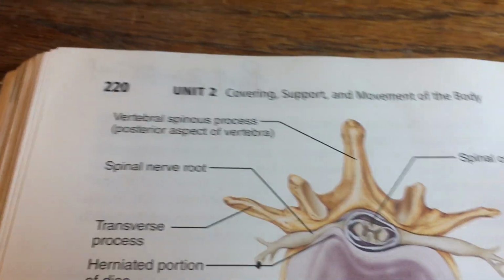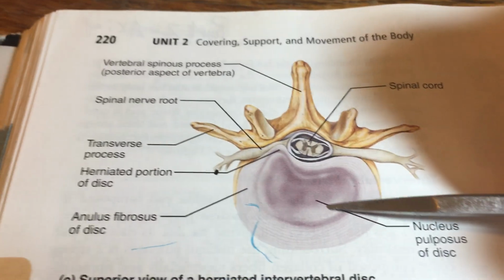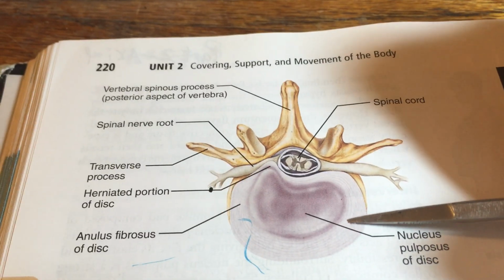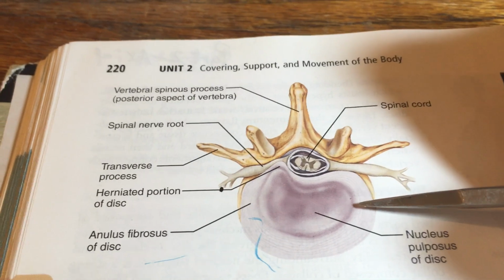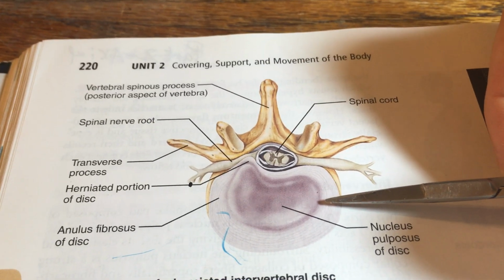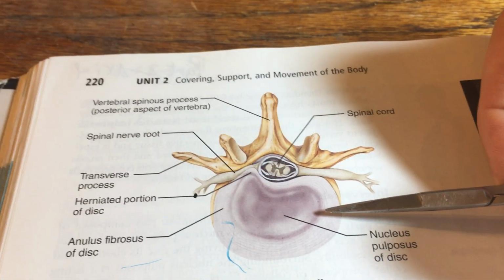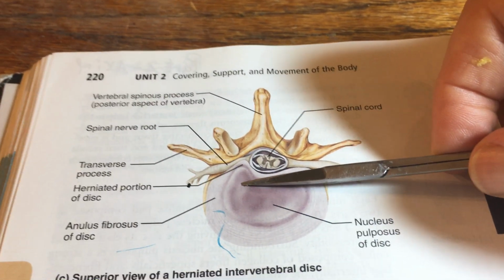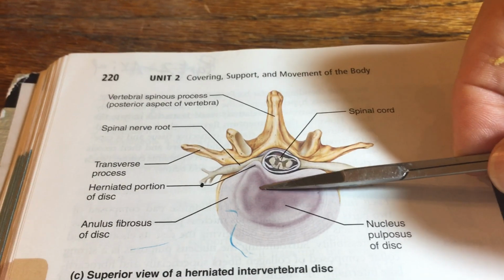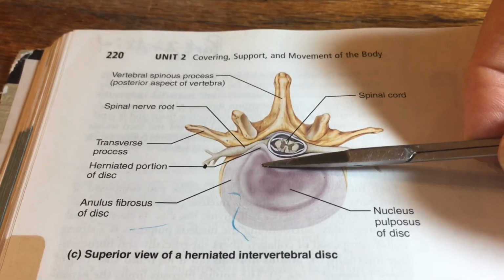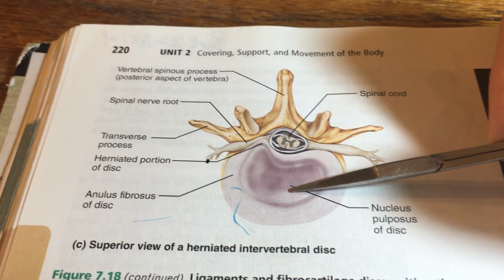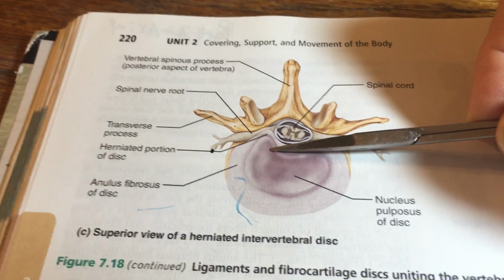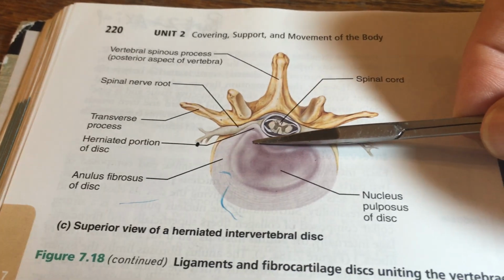Let's press on. And here's something that happens if the vertebrae lose their orientation with one another, and under weight-bearing circumstances, it's possible that the disc between them becomes stressed and traumatized, and the nucleus pulposus might actually herniate in one direction or another.